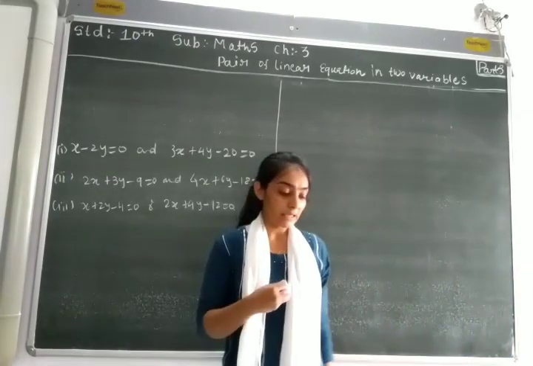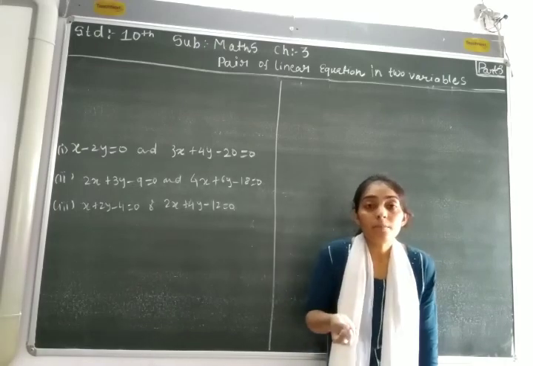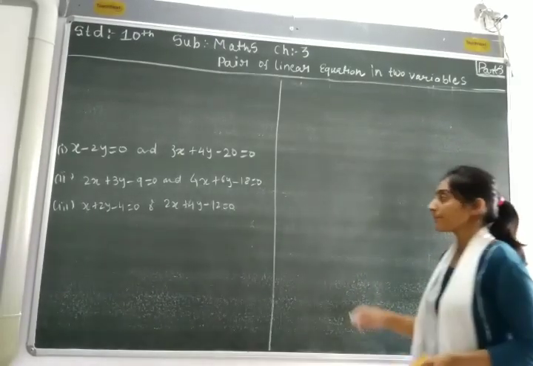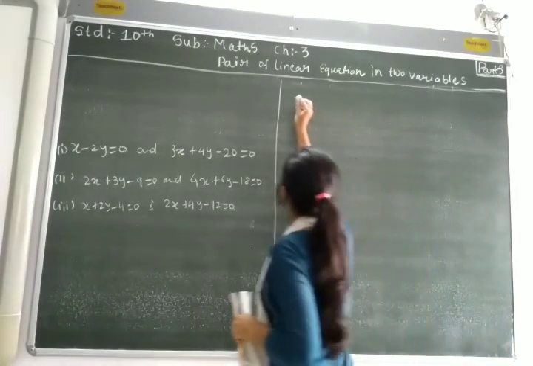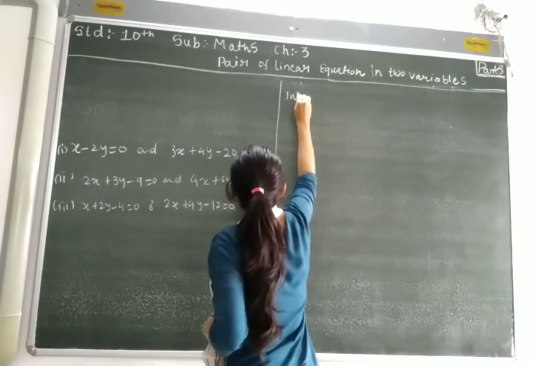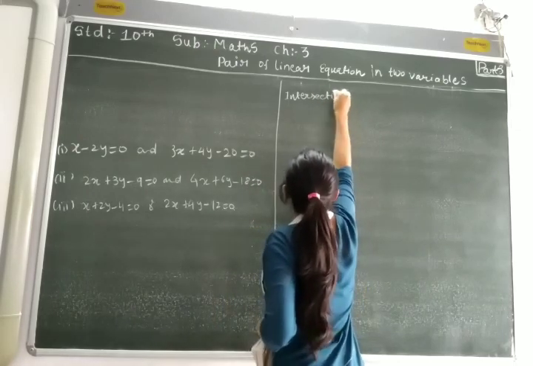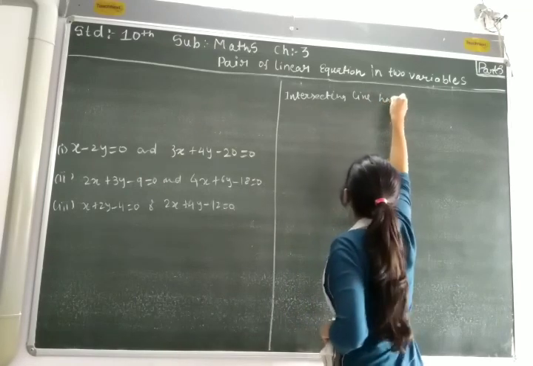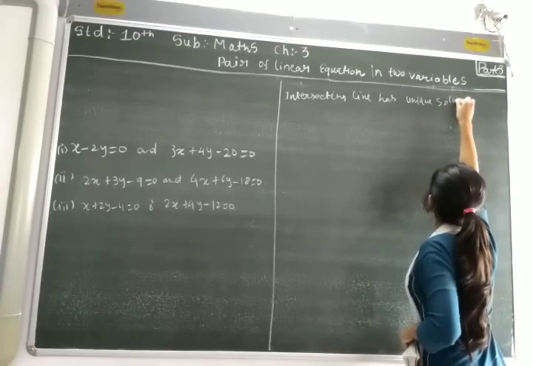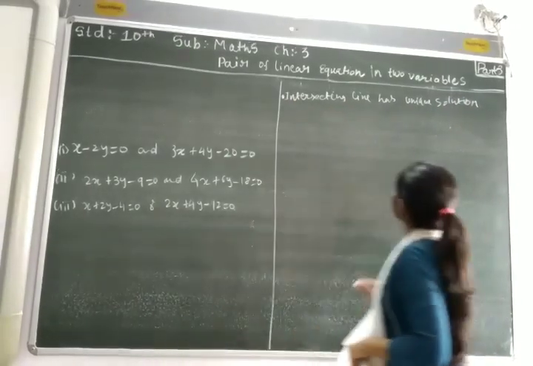In a specific format, we can write it as an independent consistent solution. So you can write over here: intersecting lines have a unique solution.